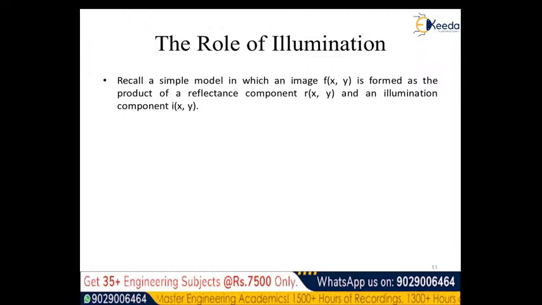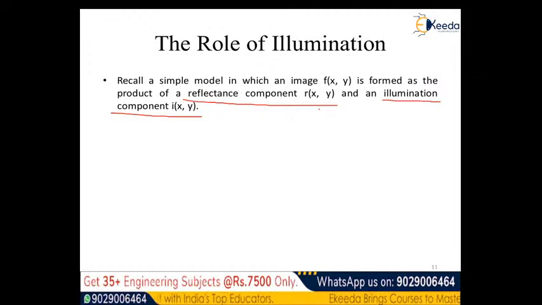One is the reflectance component, denoted by r of x comma y, and the other is the illumination component, symbolically represented as i of x comma y.